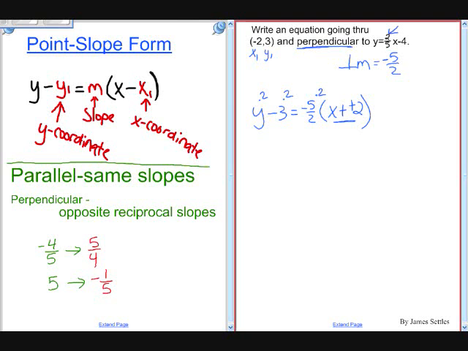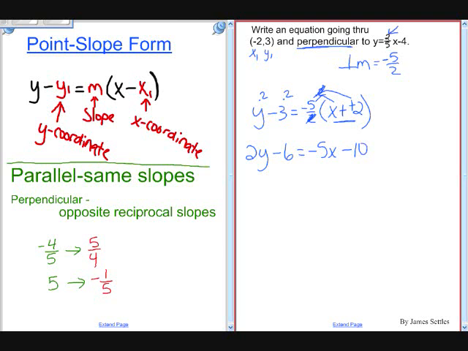So now that eliminates these 2's, and we're left with 2y minus 6 is equal to negative 5 parentheses x plus 2, and we're going to distribute this negative 5 to both of those and get negative 5x minus 10.